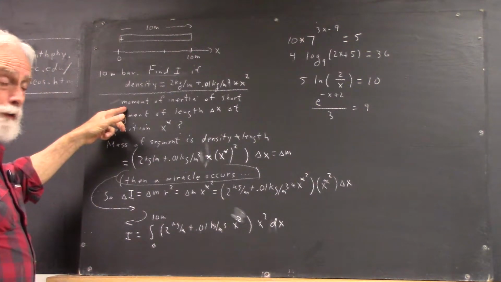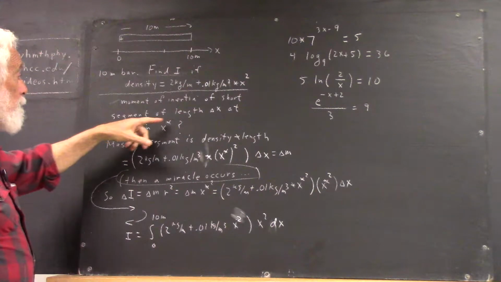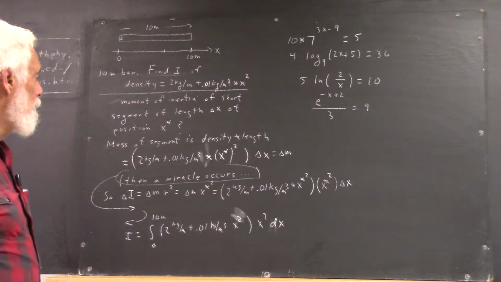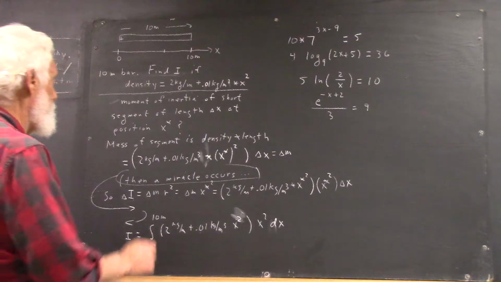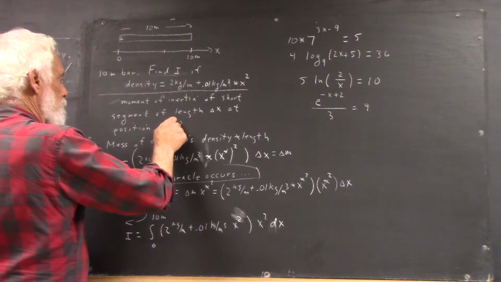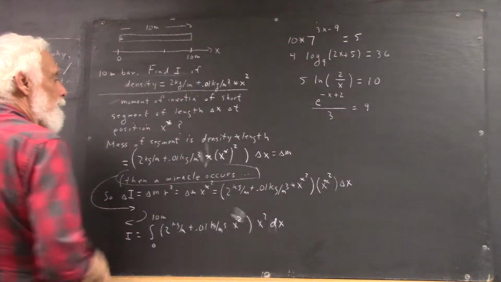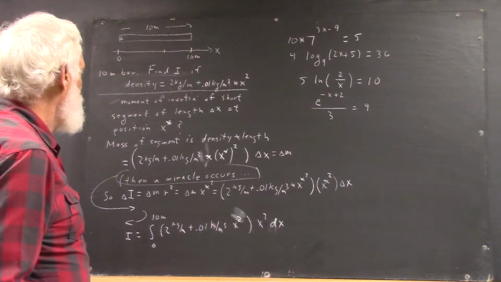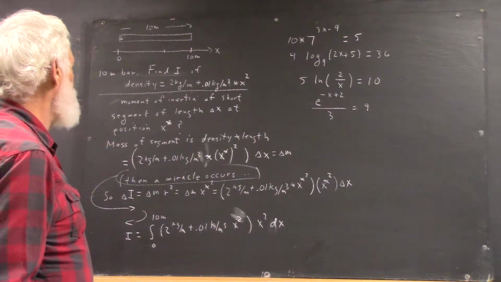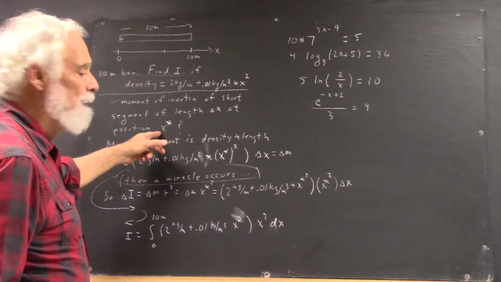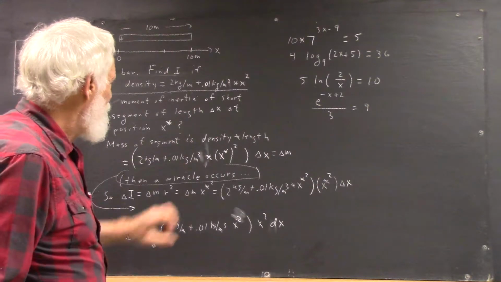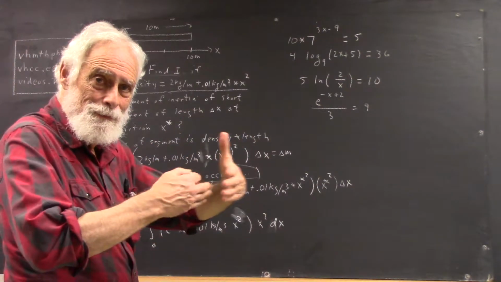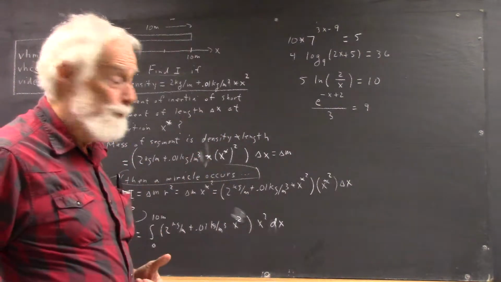Now, the thing I ask you to do is find the moment of inertia of a short segment of length delta x near position x star. And when I say at position x star, well, position x star is just one position. A delta x is a bunch of positions, wouldn't it?